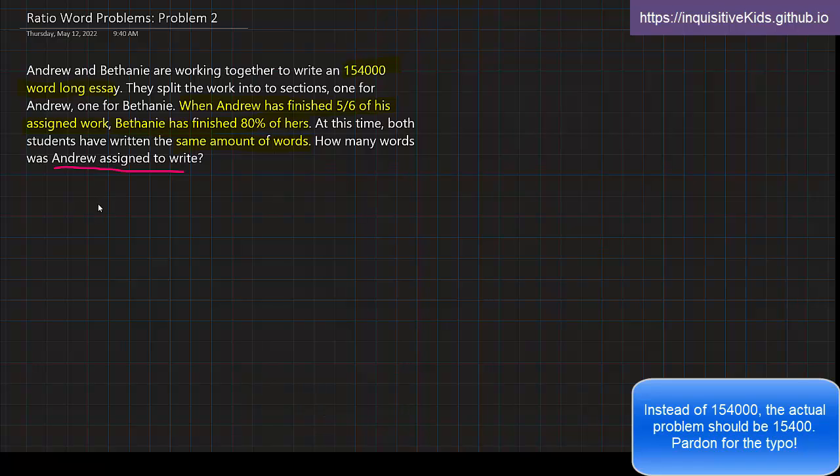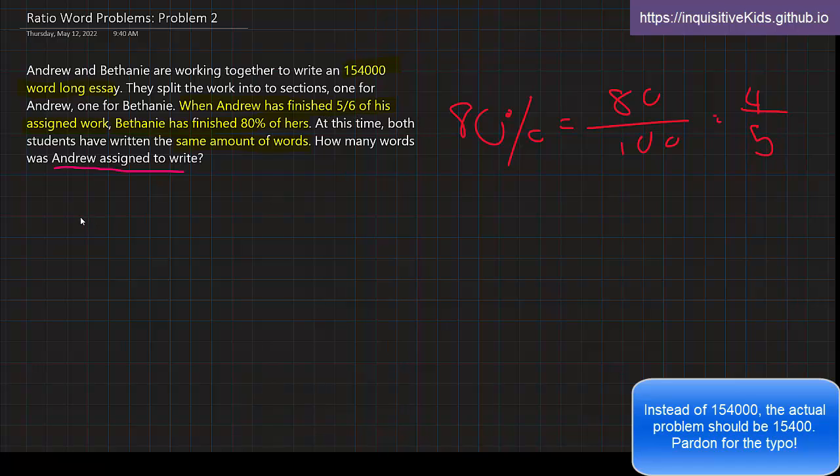One is 5/6 and one is 80%. So let's first convert 80% into a fraction. 80% is just equal to the fraction 80 over 100. And simplified, that's 4/5.